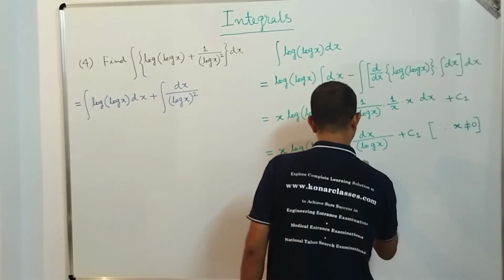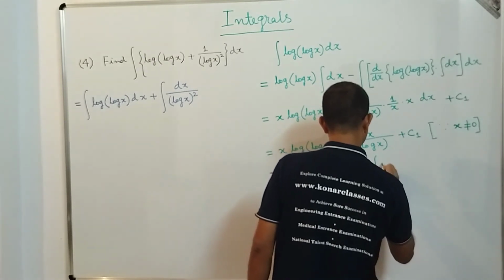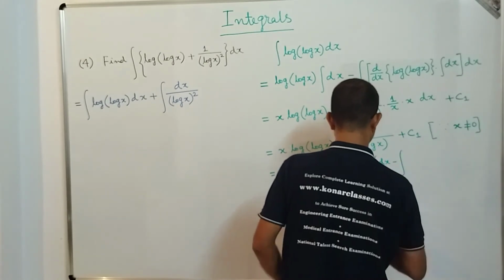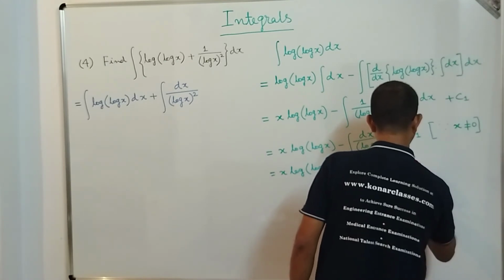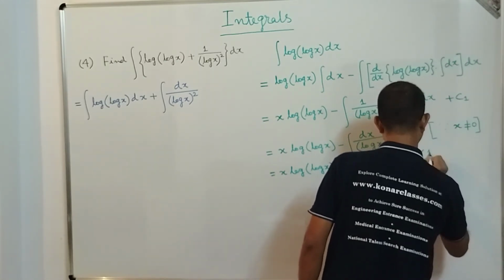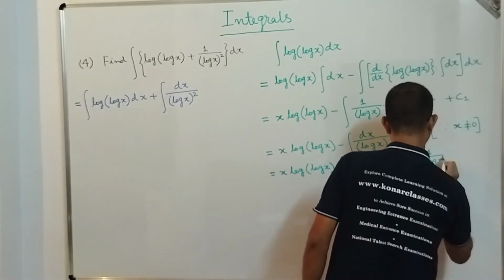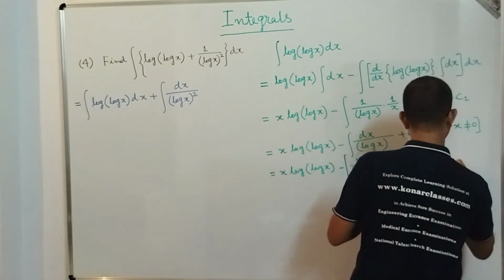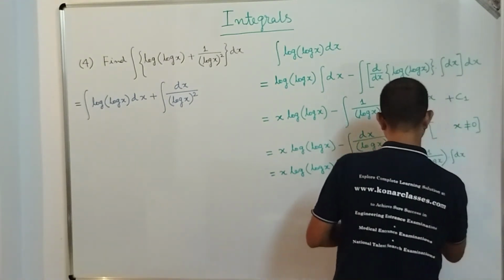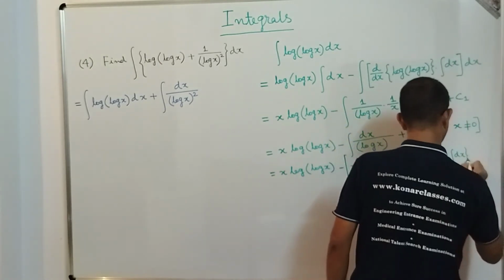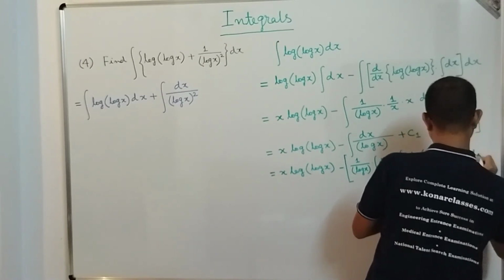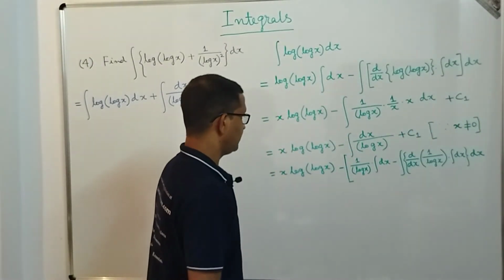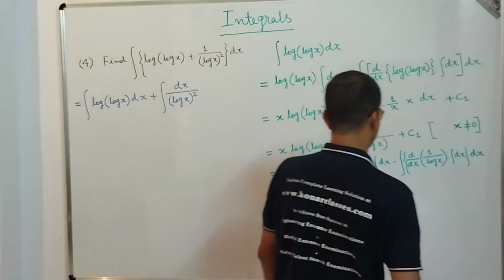So we can write here 1 by log x, okay, into integration dx, minus integration d/dx of 1 by log x into integration dx, whole dx. Correct?